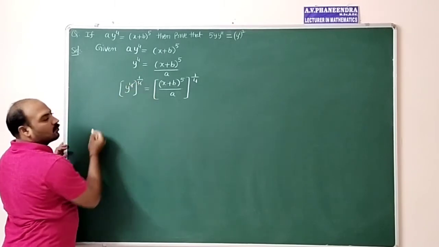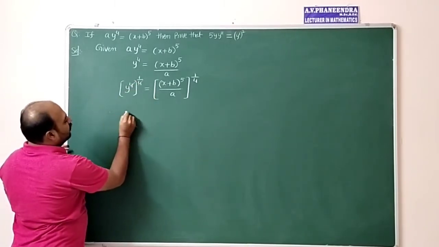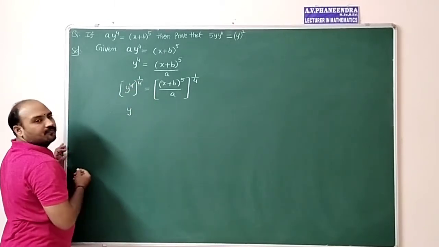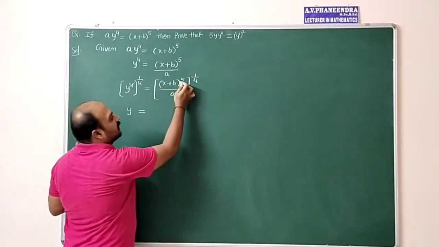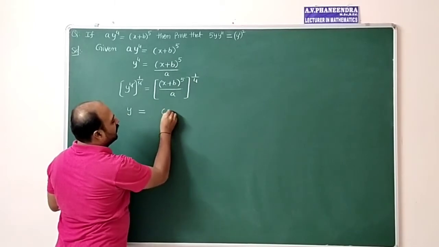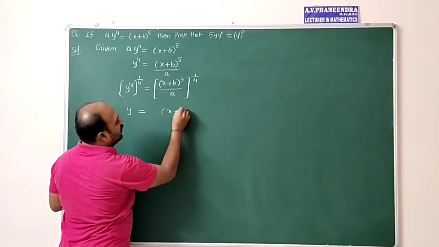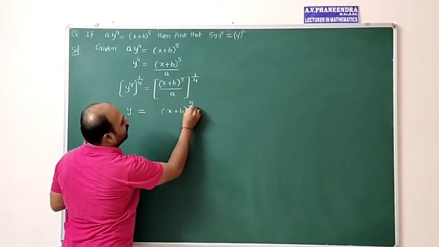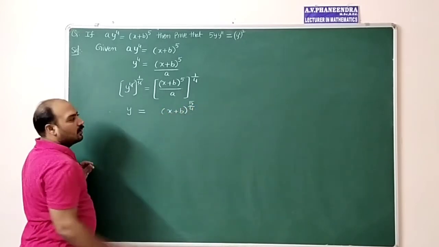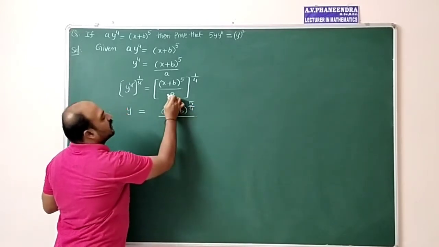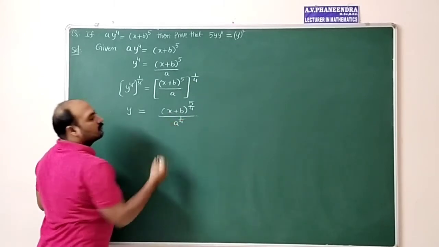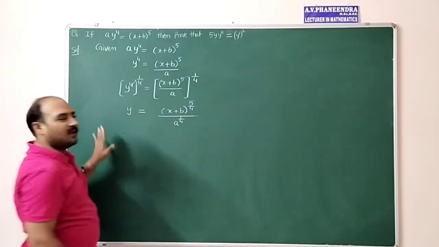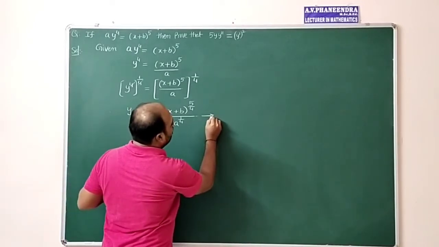Here the 4 gets cancelled. Therefore, using (a power m) whole power n equals a power mn, we get y is equal to (x plus b) whole power 5 by 4 divided by a power 1 by 4. This is the value of y. Call it equation number 1.